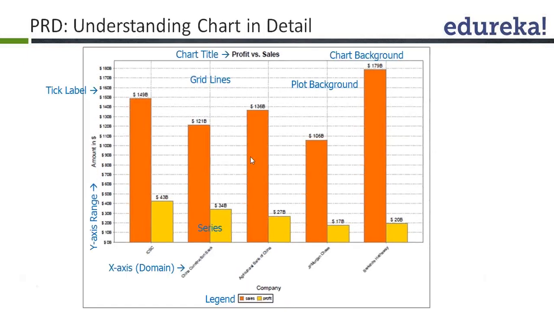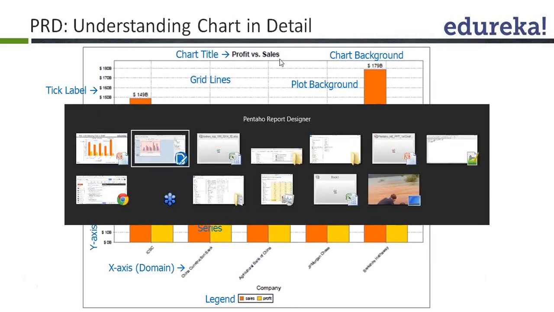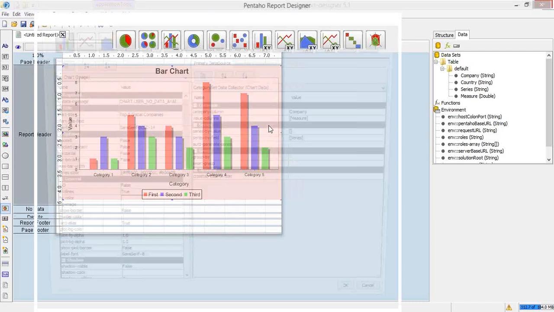Now these are the basic elements of any bar chart. This is profit versus sales. So this particular chart, as an outcome of the report, you can see profit versus sales, which is the chart title. Now in this illustration we probably haven't given a chart title.